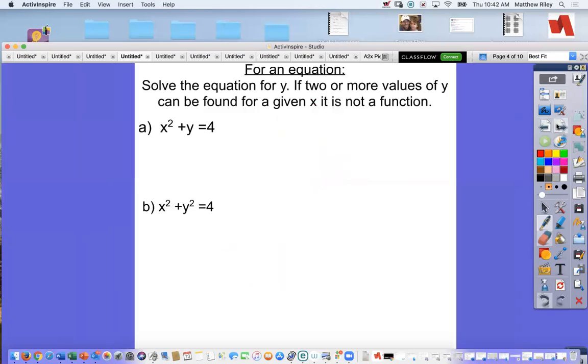Next one. So for an equation, if 2 or more values of y can be found for a given x, it is not a function. All you really have to do is solve for y.